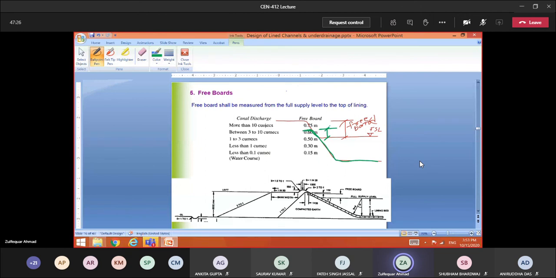So you must note down, in the lined canal, this is the freeboard. Okay, the freeboard in the lined canal means up to the top of the minimum lining of both sides.